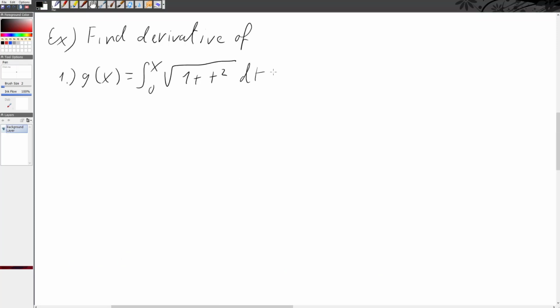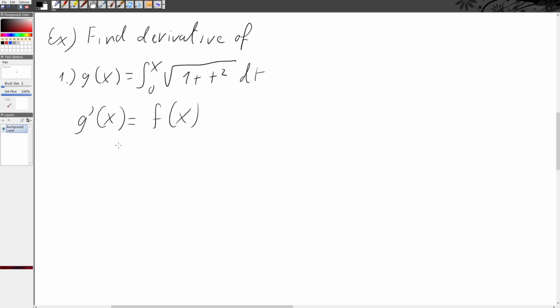So in this first example, we want to find the derivative of g of x, where g of x is defined as this integral. So keep in mind, from the fundamental theorem of calculus, part 1, the derivative of g of x is simply equal to f of x.